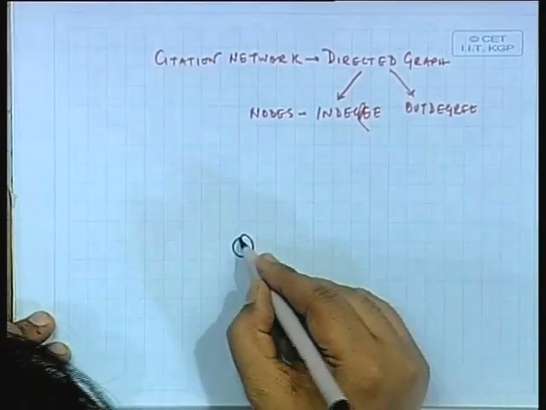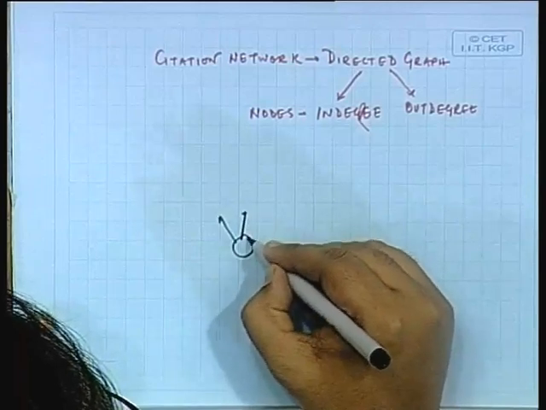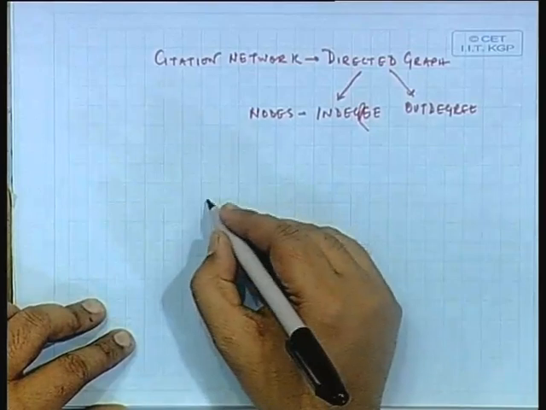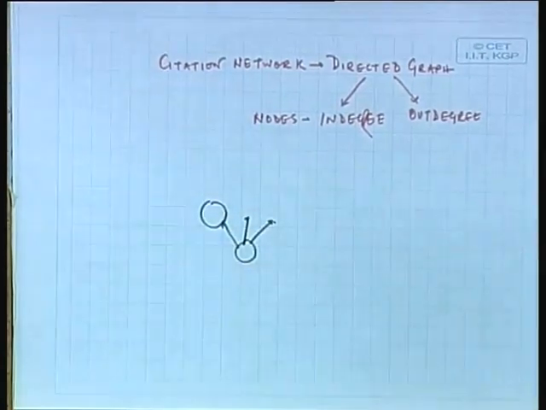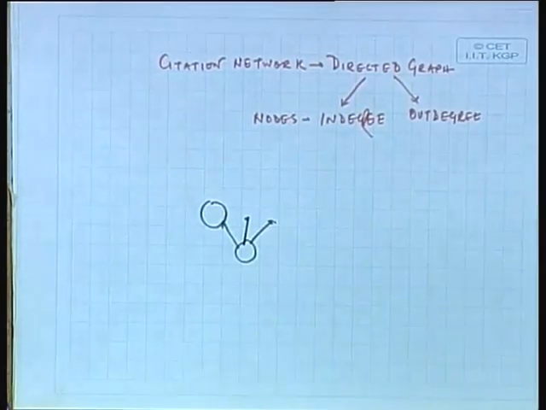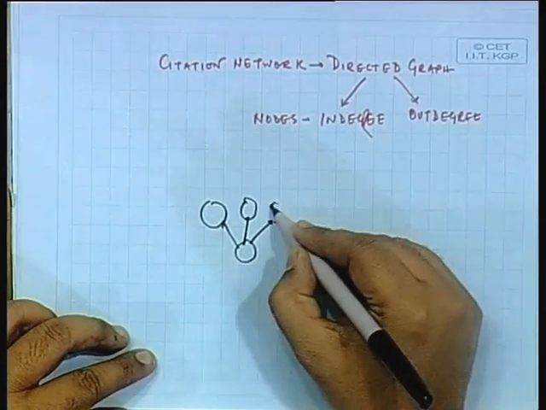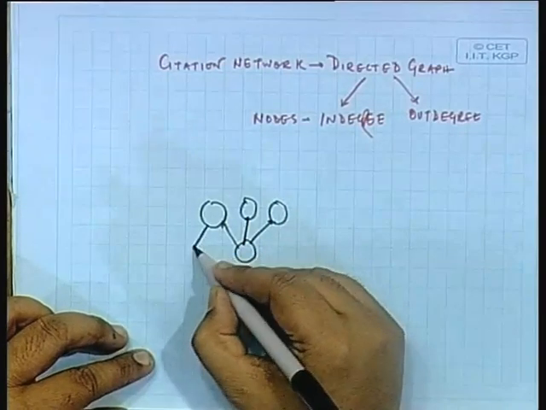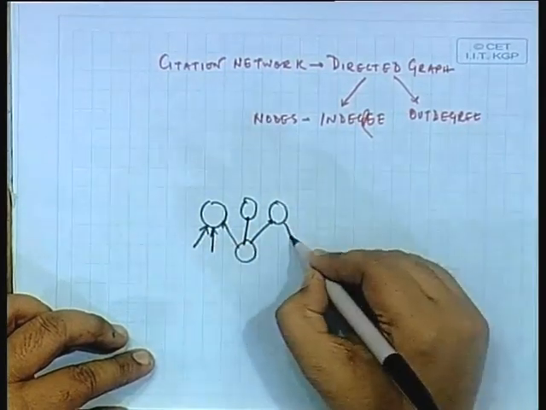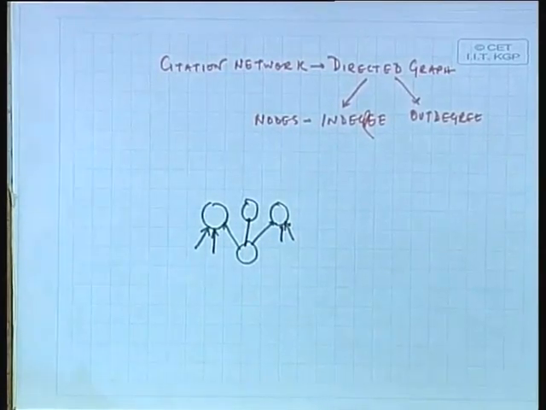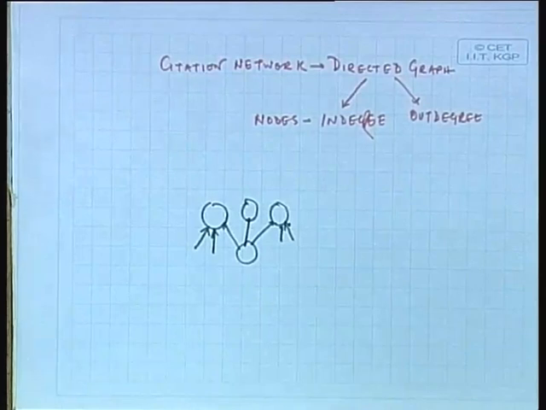When a new node comes, it brings with it some out degree, which gets attached to nodes who already may be having some in degree.